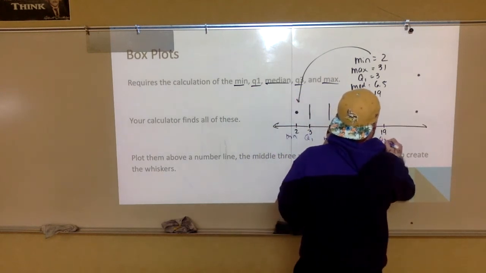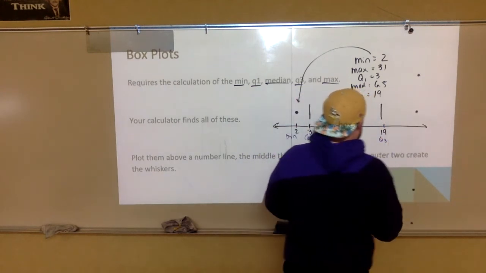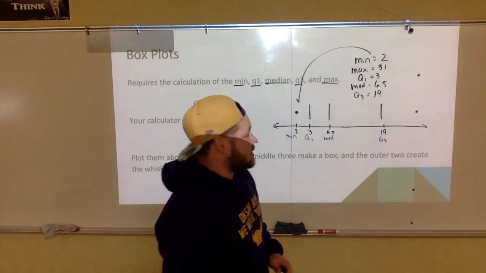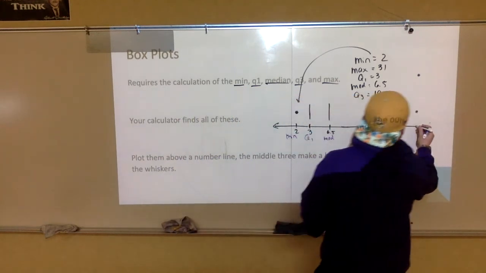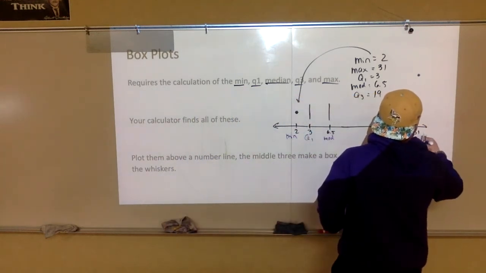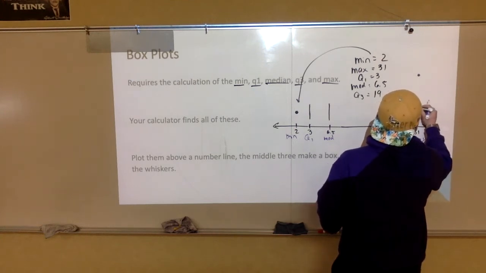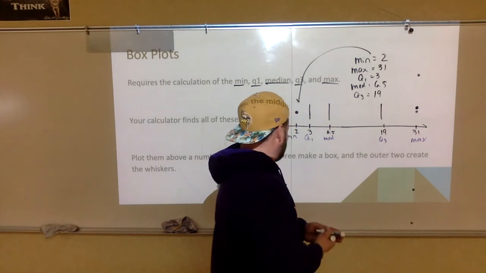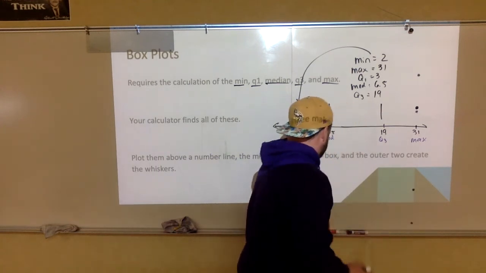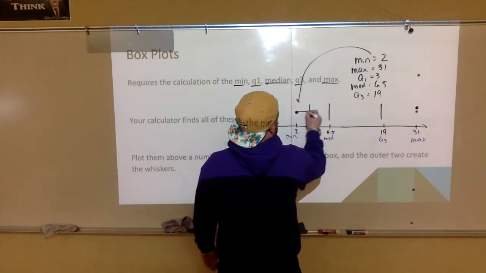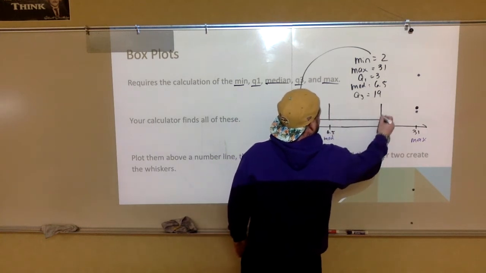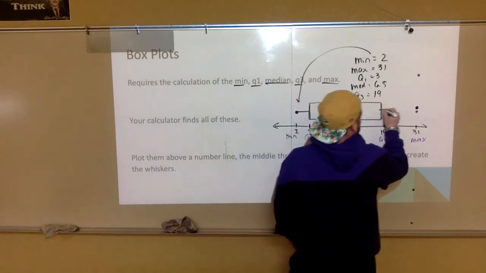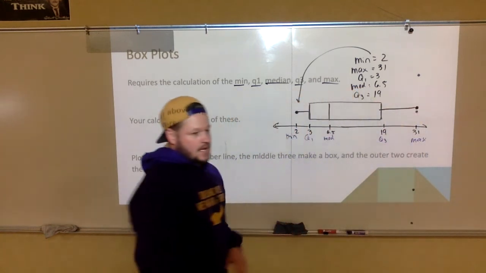My Q3. And then lastly, I need to plot my max. Way over here, 31, max. I'm going to draw another dot. And then basically from here, I'm just going to connect these. And this is a pretty darn good looking box plot.